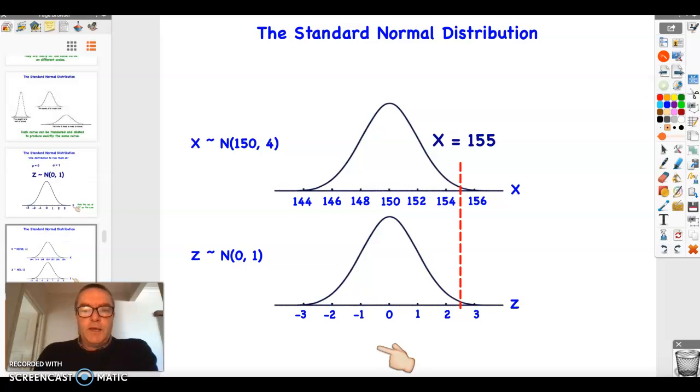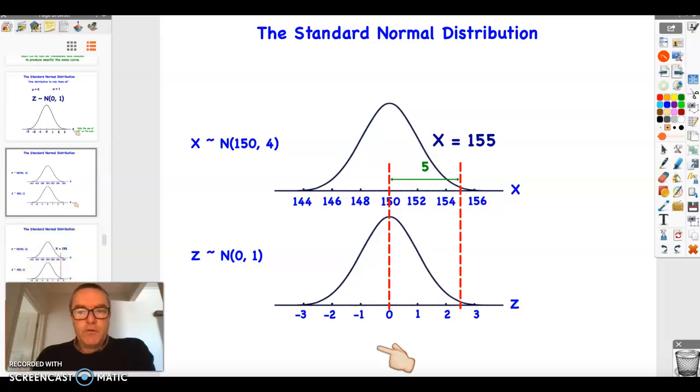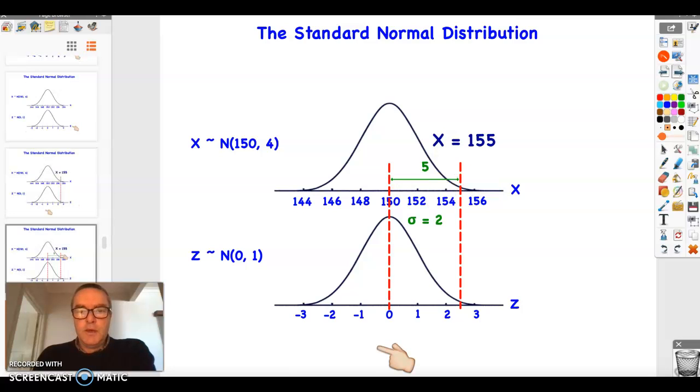We're going to look at the particular value of x, 155 kilometres per hour. Now 155 is exactly 5 units above the mean. That's the distance between the mean and that value. And we're going to take into account that this variable has a scale or a standard deviation which is exactly 2.